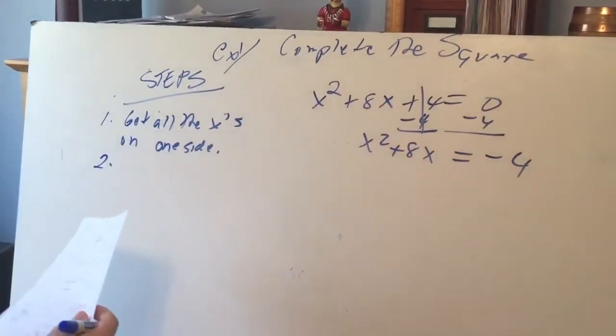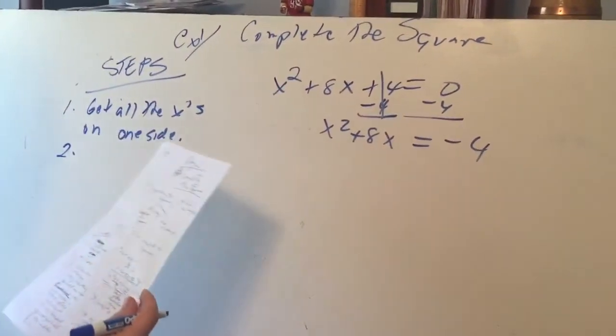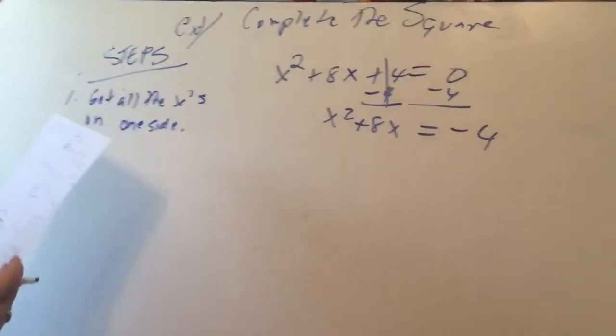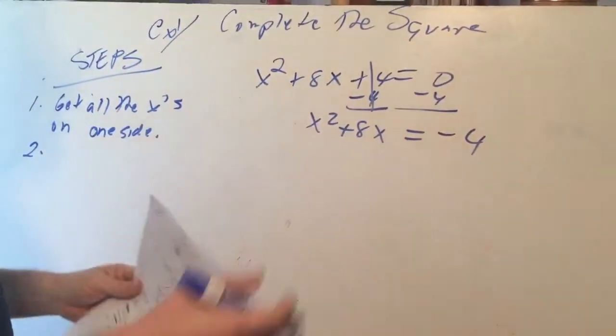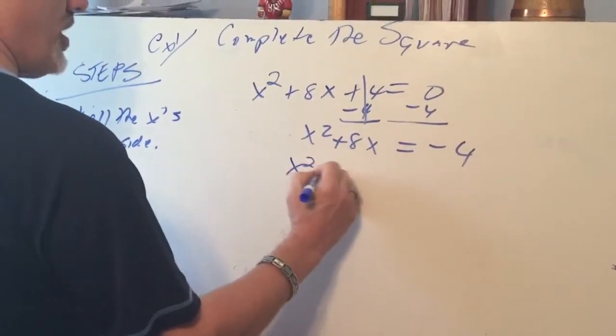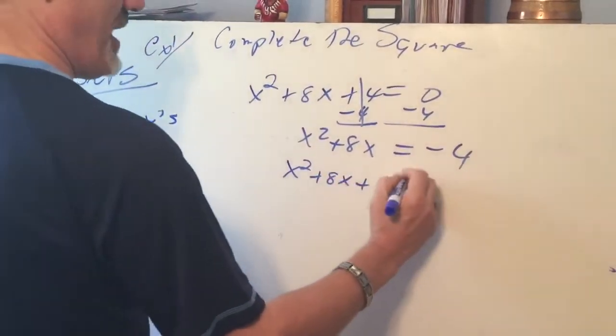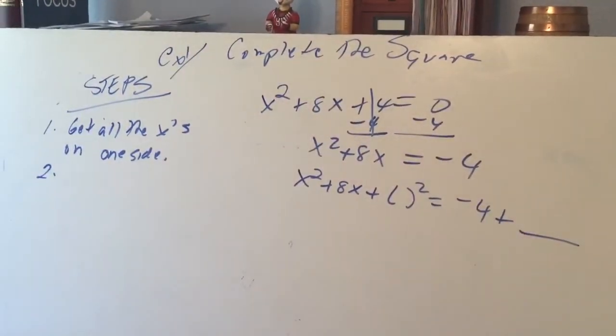Step number 2. Okay, step number 2 is a doozy. Here we go. So I'm going to do it over here, and then I'm going to write it. Watch this, everybody. You're going to go x squared plus 8x plus blank squared equals negative 4 plus blank. Okay.